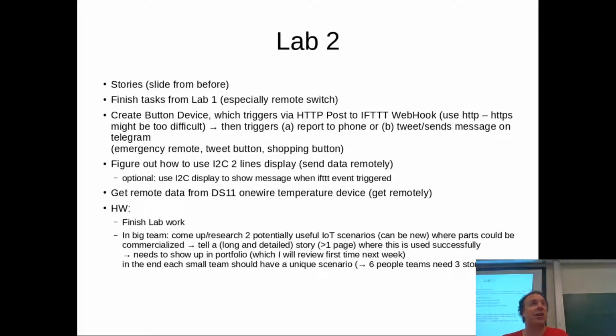So we'll take the cloud in the lab to it. We'll do something where you can push a button and get a message on your phone or on Telegram. And you want to learn how to use I2C today. You get a display you can use to experiment with, and you will learn how to use one wire. And all of this needs to be connected to Wi-Fi.